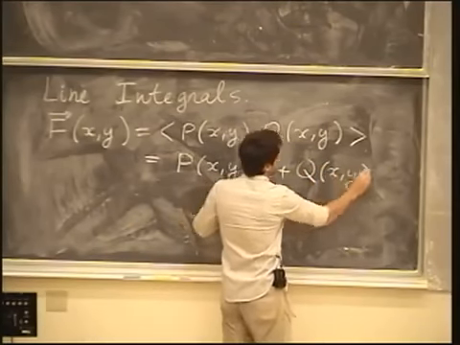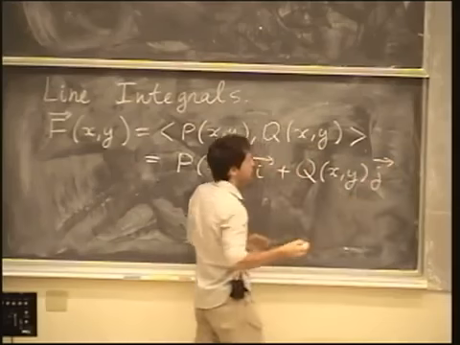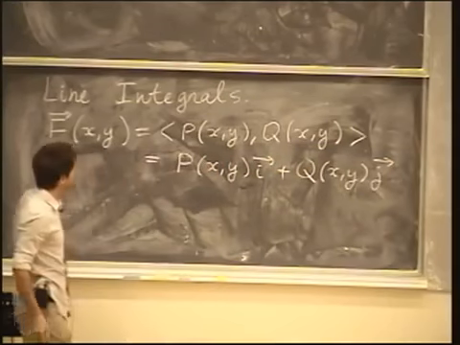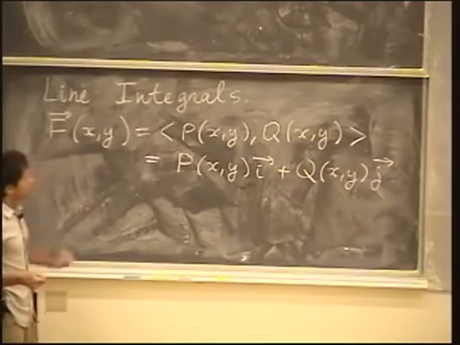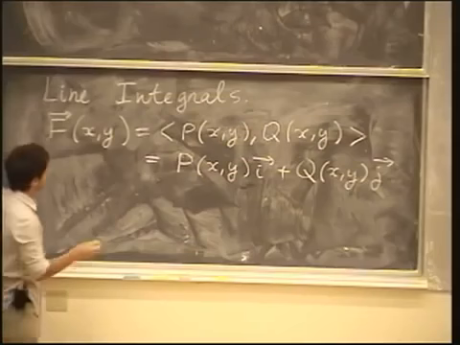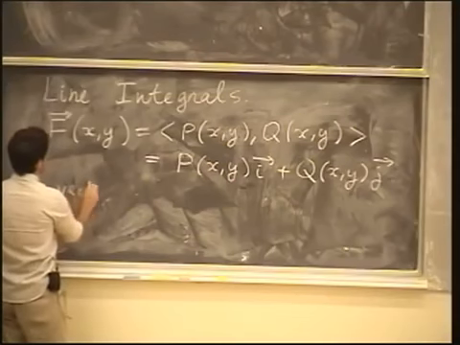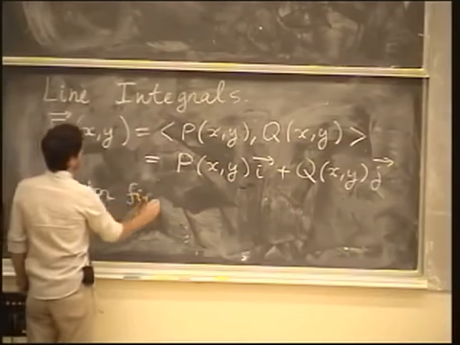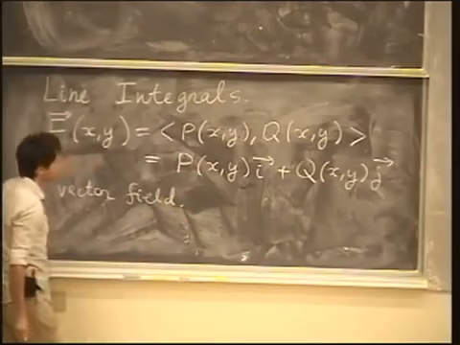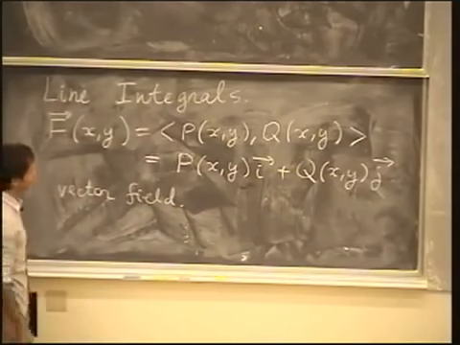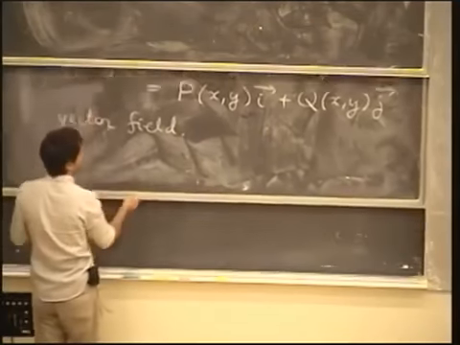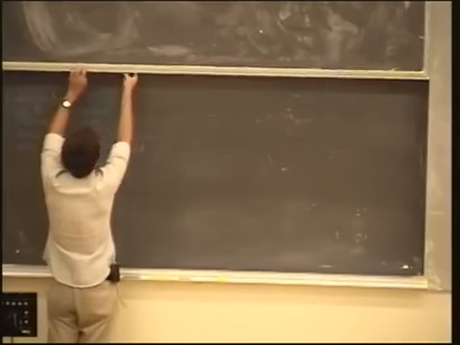And you can choose whichever way you prefer. So you are given this vector field. And in addition, you are given a curve on the plane.